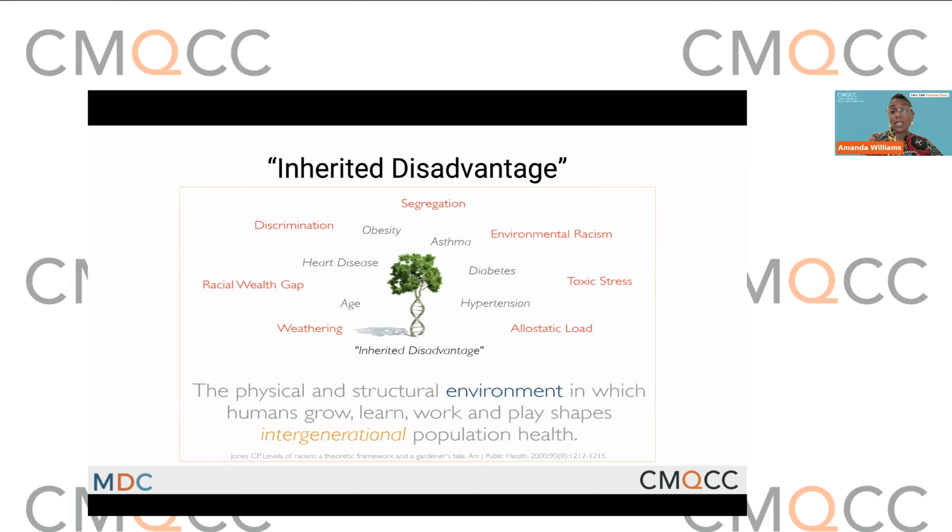And then we see the clustering of these chronic conditions, of obesity, of asthma, of diabetes, of hypertension. And all of those things are impacting that set of DNA that we are born with. There's more and more attention that's being paid to social determinants of health or health-related social needs, depending on whose terminology you're using.